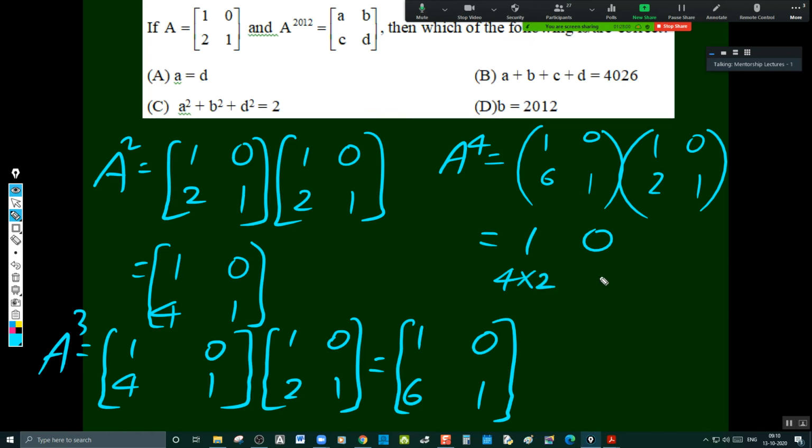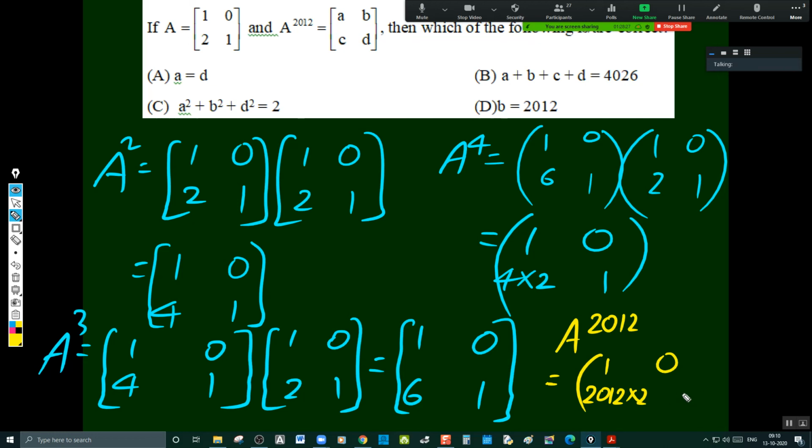That means your A power 2012 will be something like A is 1 0 and you must have 2012 into 2 and this element is 1. तो सिर्फ A और C आता है.